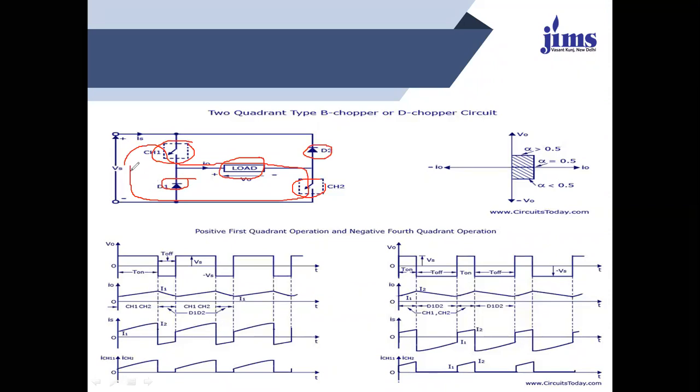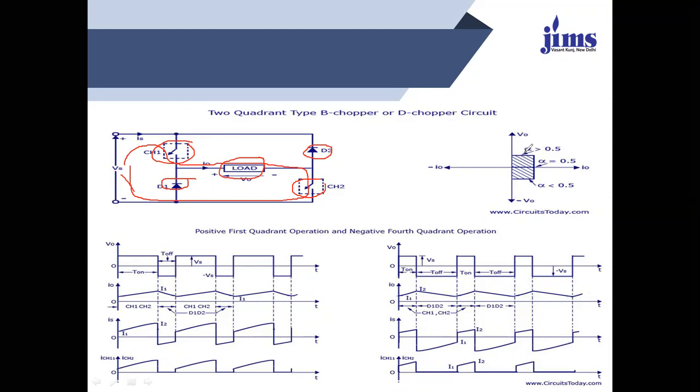Once the switches turn off, the direction is reversed, or we can say whatever energy is stored in the load is returned towards this side. Comparing with the quadrant operation, the output current may be positive, but the output voltage may be both positive and negative.